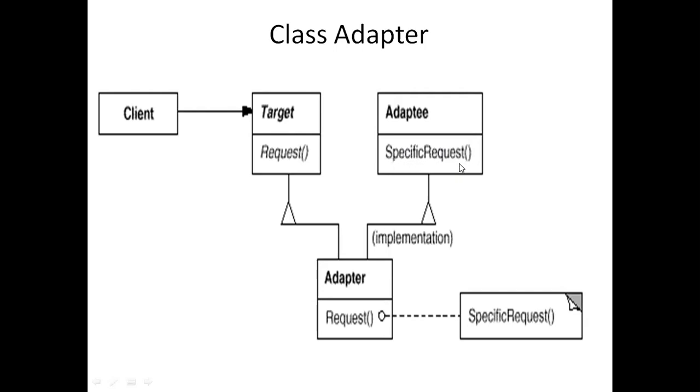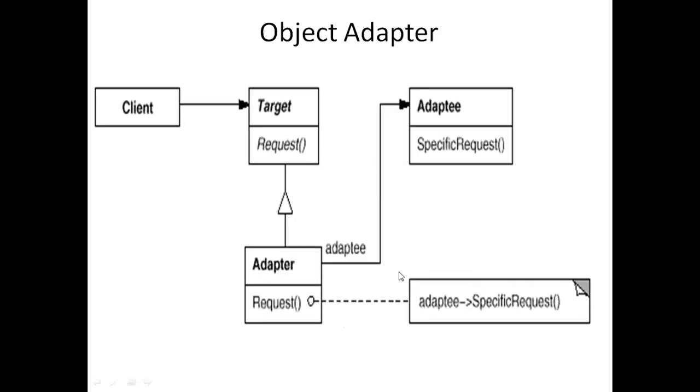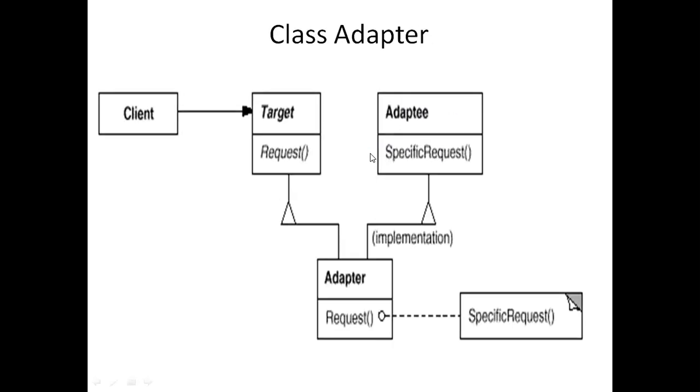Here it is specific request, and this class, as a base class we use, and the adapter will be inheriting from this adoptee. So we design an adoptee class which will use the specific request as a new interface and implement it, and this adoptee class will be the base class of adapter. So adapter inherits from the target as well as adoptee. So client will be accessing adapter.